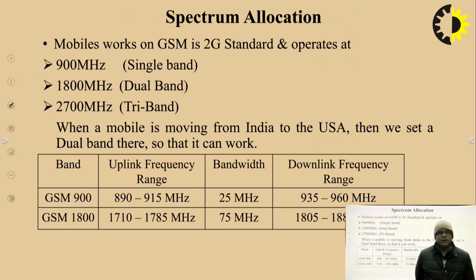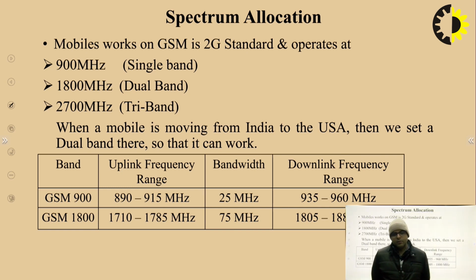Now we will discuss what frequencies are used in the GSM architecture. So in GSM, the mobile works on the 2G standard and operates at 900 MHz, 1800 MHz and 2700 MHz.